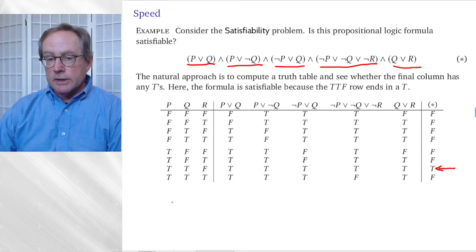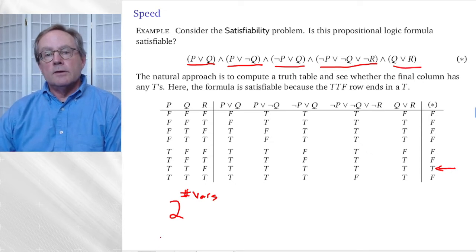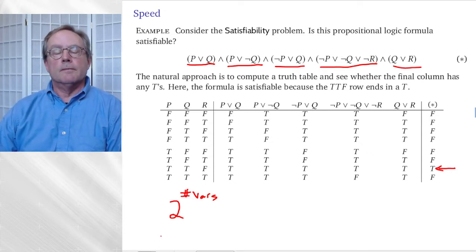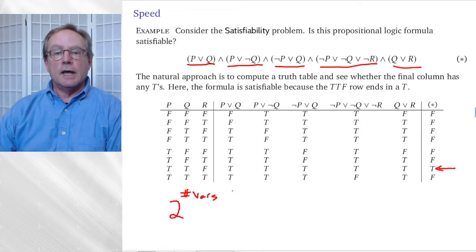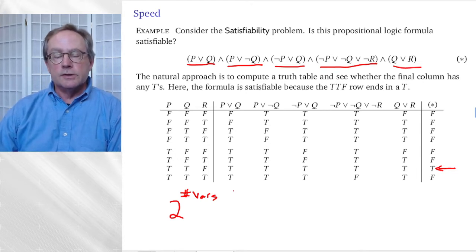It didn't take me all that long. But it's clear, isn't it, that the number of lines is 2 raised to the number of variables. That is to say, it at least appears that a deterministic machine, a serial machine, a 1, 2, 3 machine, seems to have to take exponential time to do this job.